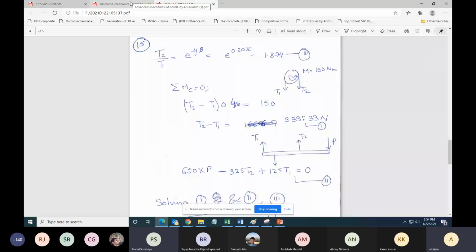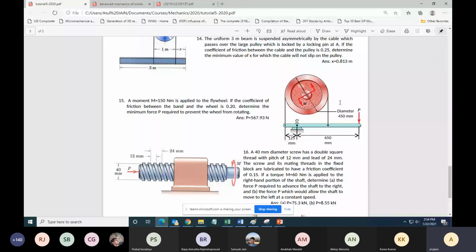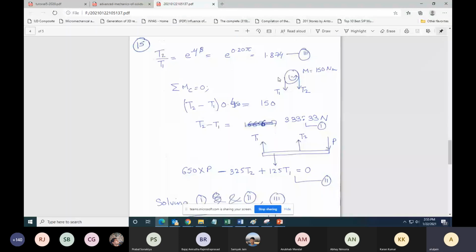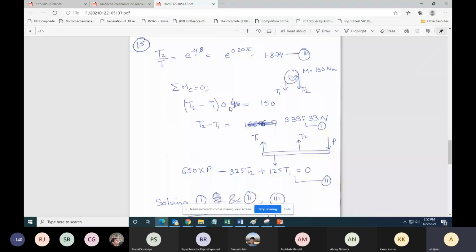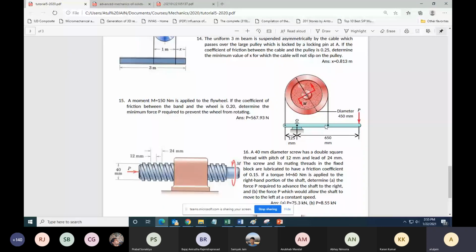T2 is higher. So first I took the free body diagram of this red part and took the moment about the center. I will get T2 minus T1 into 0.225, the radius, is equal to 150 Newton meter. I get some value of T2 minus T1. Then I will draw the free body diagram of this blue beam, take moment about point O, and we can solve it.